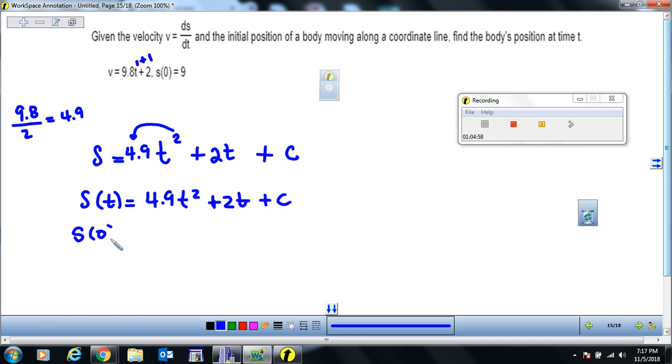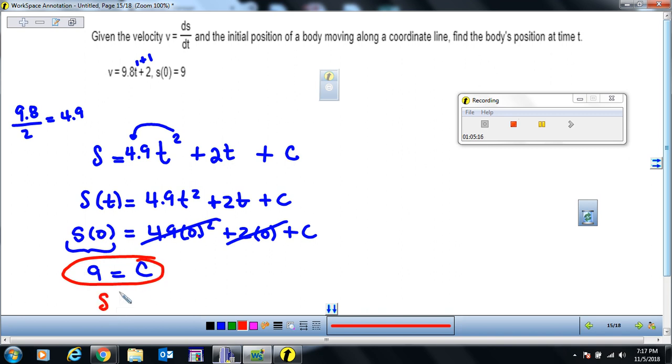So s of 0 equals 4.9 times 0 squared plus 2 times 0 plus c. So this is going to be 0, this is going to be 0, so this is just going to be the c.